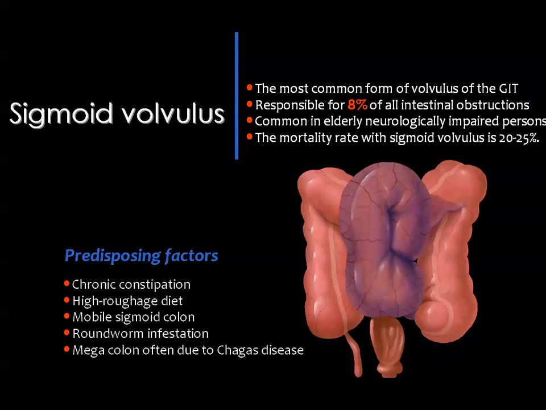many complications. This sigmoid volvulus is the most common volvulus at all in the gastrointestinal tract, and it is responsible for 8% of intestinal obstructive changes, and is commonly seen in neurologically impaired persons who are old in age, with the risk of mortality reaching 20 to 25% of cases.